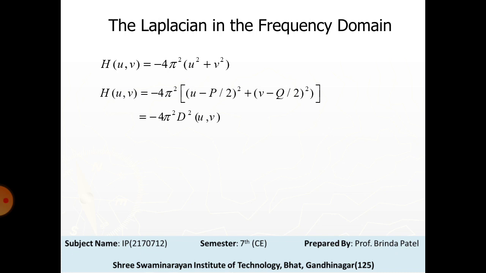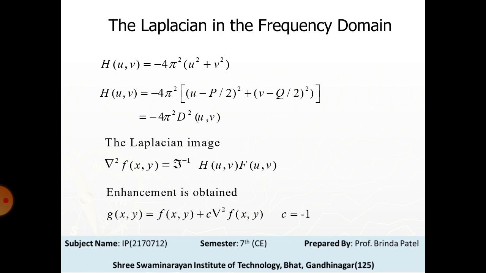The Laplacian image is obtained as ∇²f(x,y) = inverse transform of H(u,v)F(u,v), where F(u,v) is the DFT of f(x,y). Enhancement is obtained as g(x,y) = f(x,y) + c∇²f(x,y). Here c is equal to -1 because H(u,v) is negative.